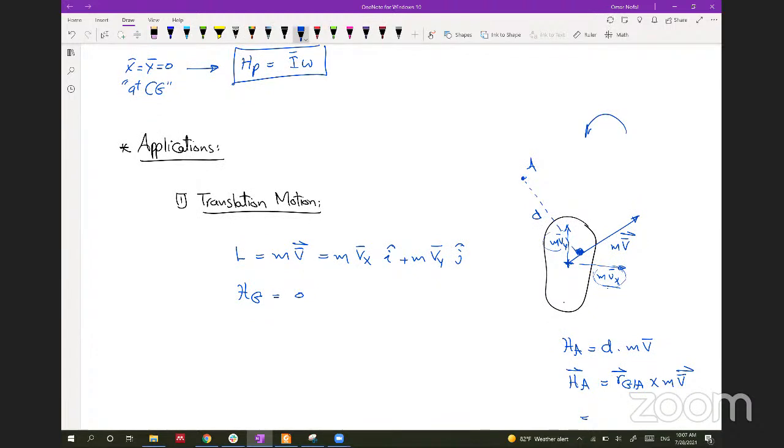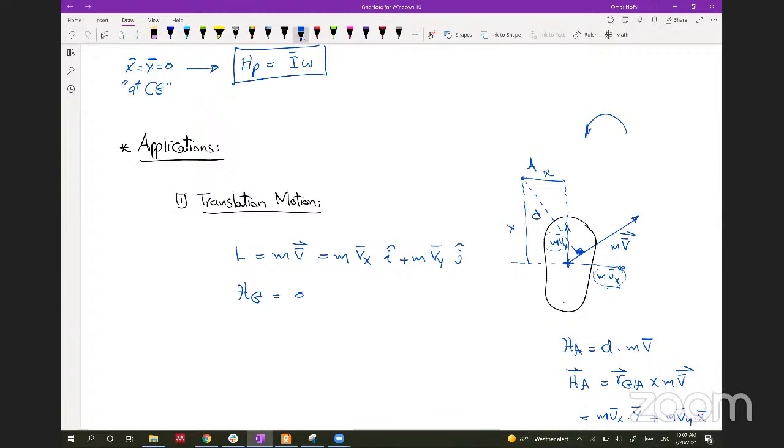If you did this, you will have to find the distance from A to the x component to get y, and also the y component to get x. So you will have to multiply mv x bar by y bar, plus mv y bar multiplied by x bar.